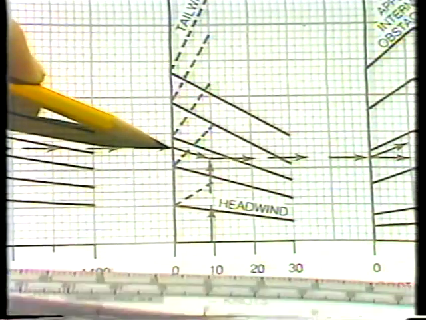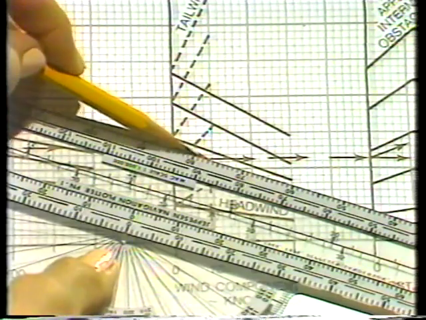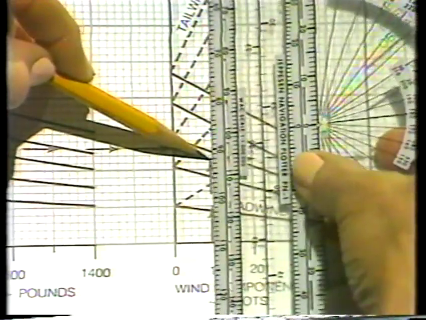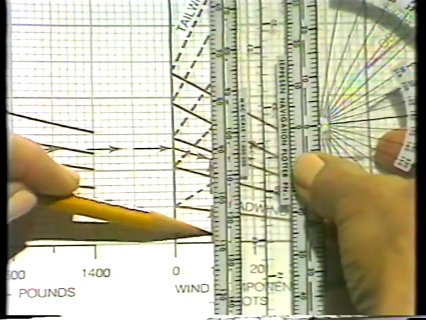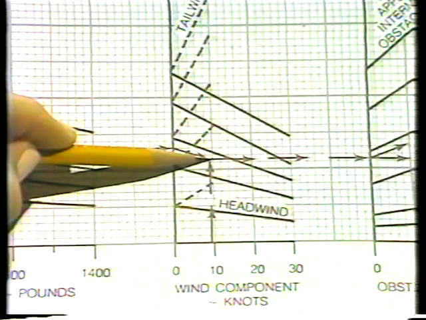Parallel the closest dark diagonal headwind line to a point where it intersects a vertical line drawn from 9.5 knots. Then move horizontally to the height reference line.